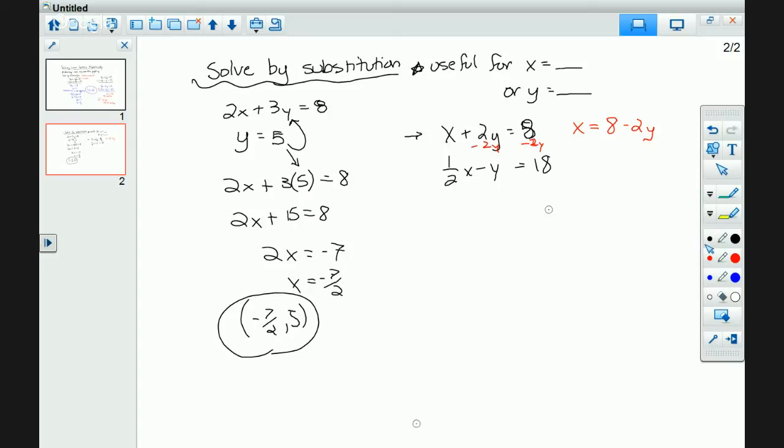Now put this in for x. So 1/2, and then we put that in and copy the rest.